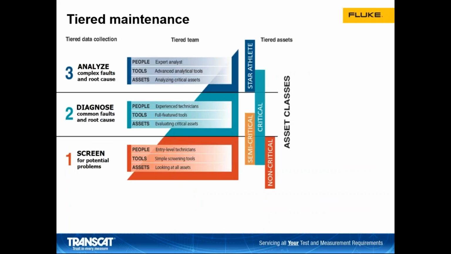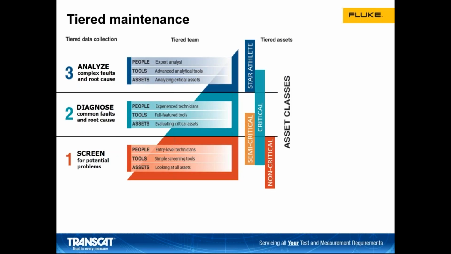So if you think about it in the maintenance world, if we were to break up our assets by non-critical, semi-critical, critical, and star athlete, then you could see with this tiered maintenance approach, similar to the tiered approach the medical industry uses, we could screen for potential problems.